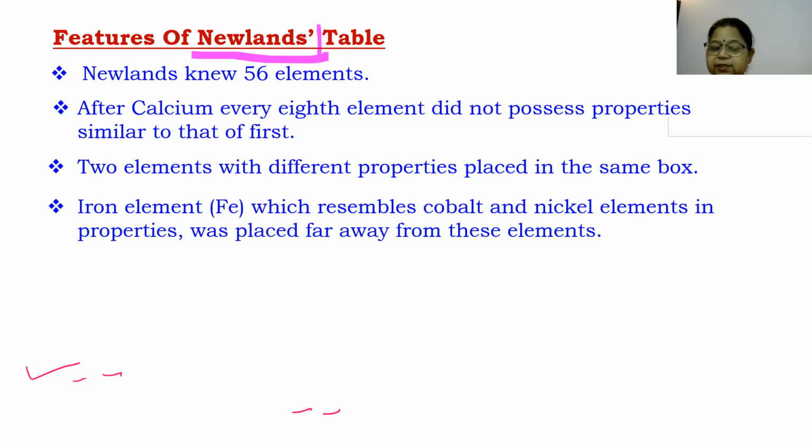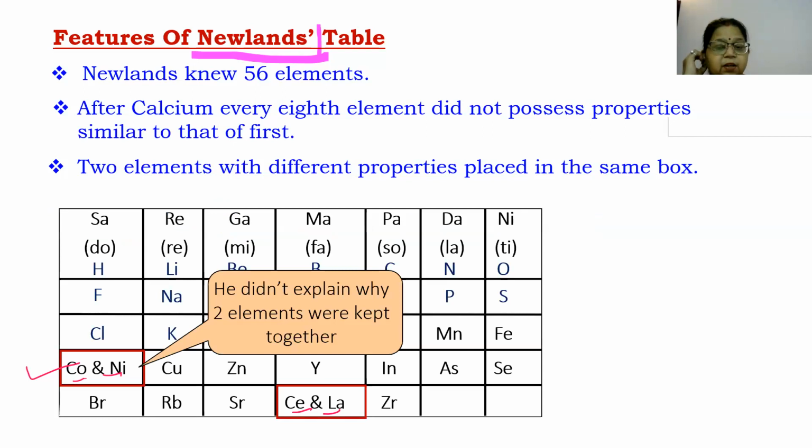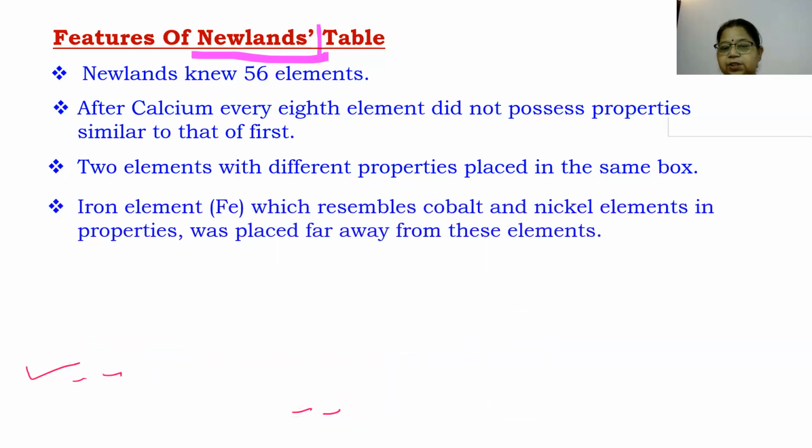And the last one is not that important, but there are certain elements which do not have similar properties placed together, and the contrary is also true for this periodic table, right? Any doubts in this section?